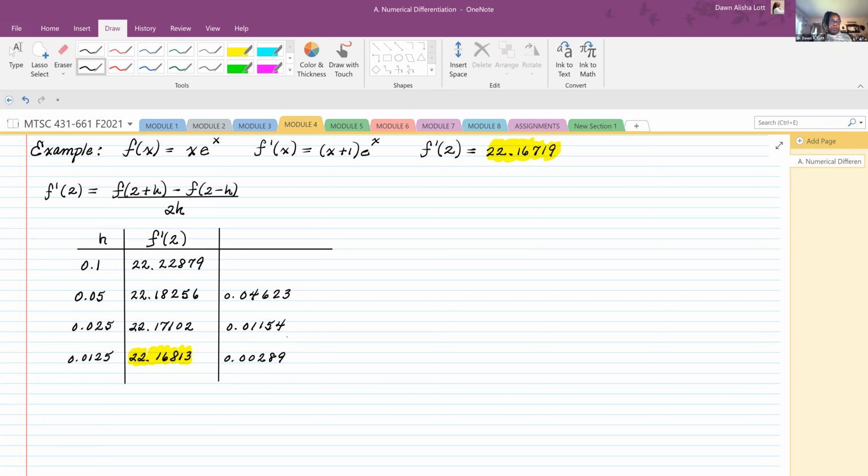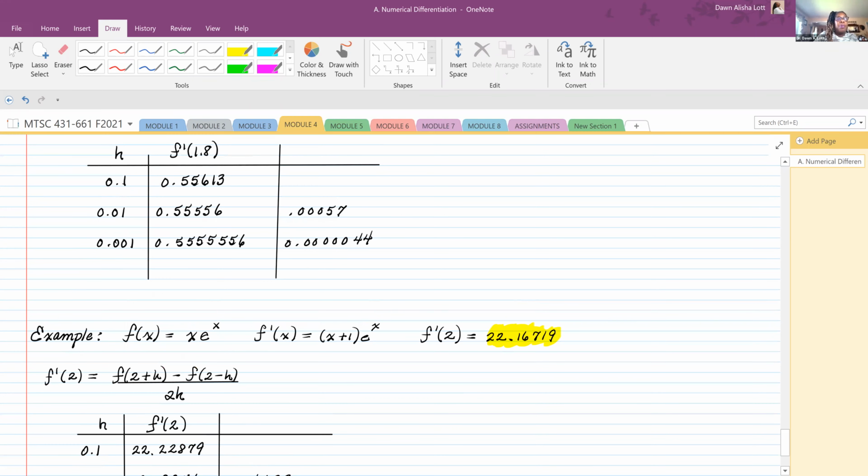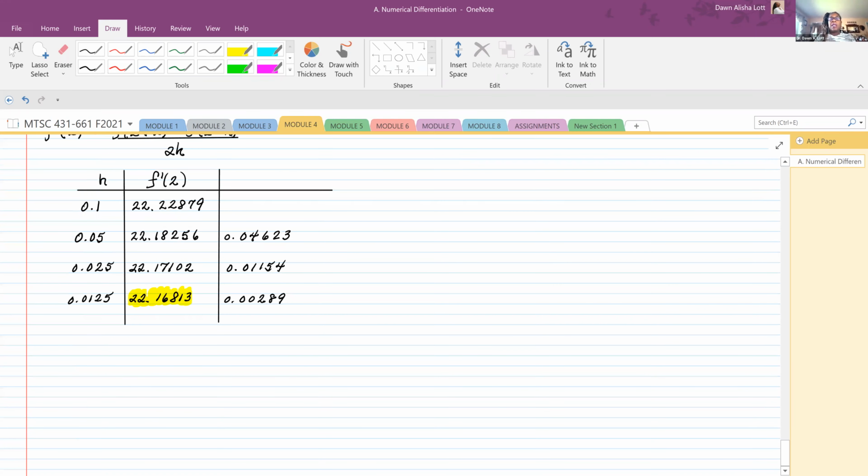Now we can improve this. We can always improve by using more points. The more points that we use, the better our approximation is in terms of our error. So why don't we try one more thing?